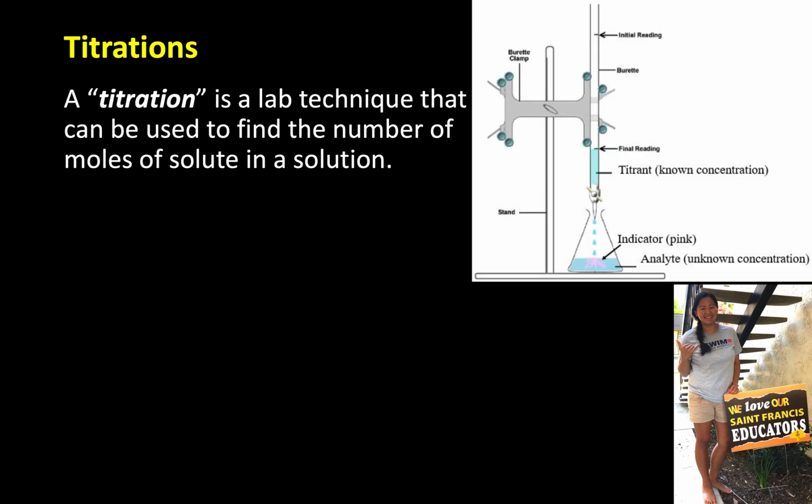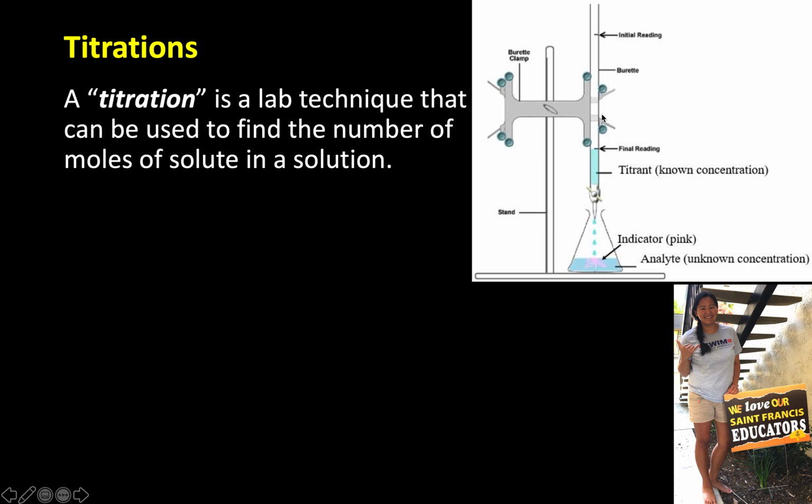All right, so we're going to be looking at titrations, which are a lab technique that can be used to find the number of moles of solute in a solution. The setup looks like this. You have a flask filled with an unknown liquid. Well, we know what it is, and we don't know what the concentration is. And then you have another chemical in what's called a burette, which is kind of like a very fancy graduated cylinder.